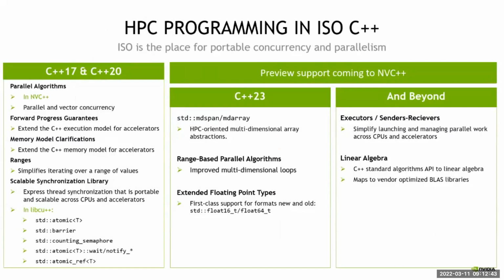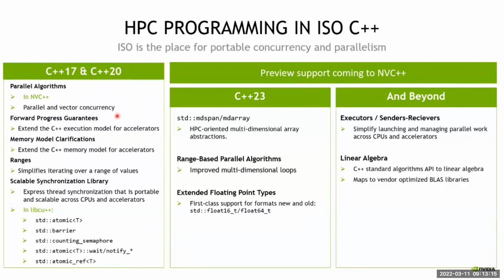So let's start by talking specifically about parallel programming in ISO C++. C++17 added support for the parallel algorithms library, which enables you to write code in a way that's portable and expresses the parallelism that's in your code. This supports both vector and parallel threaded concurrency, and this is something that we can leverage today using our compiler and our hardware to offload to GPU or to run across CPU threads automatically.